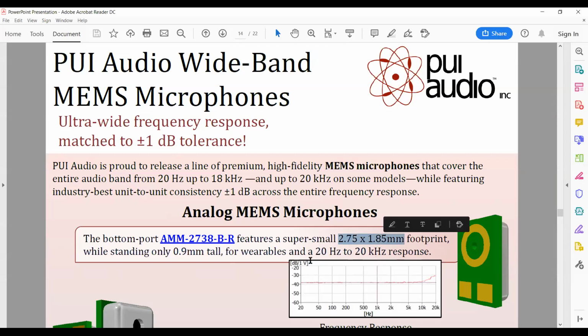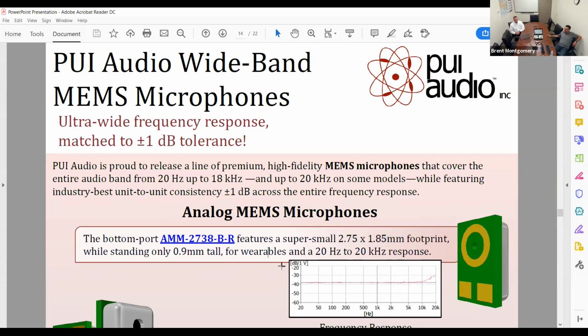What's the range of cost, or just a rough idea? Right. They range in sub $1. They all have different prices, but these are sub $1 solutions. What I'll say about them is that MEMS microphones are a super scalable design.